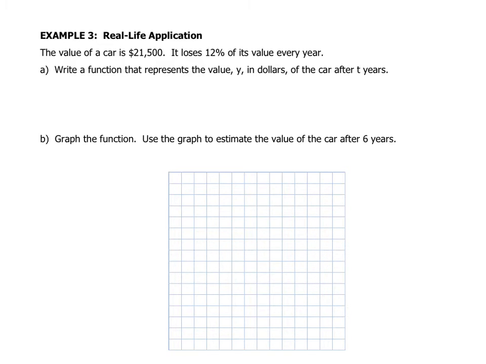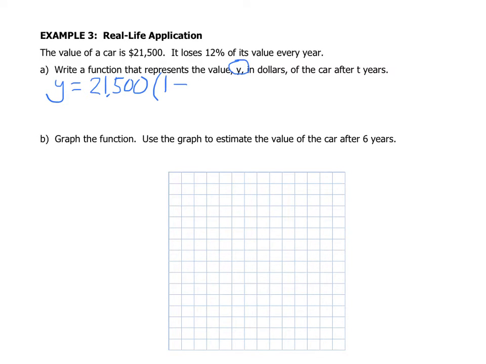So to write this function, we're going to call y the value, as they asked us to. The a, remember, is going to be our initial amount. So when we go in to buy it and it's sitting there on the lot all by itself, it is $21,500. Then we always have the 1 minus the rate that we are dropping.